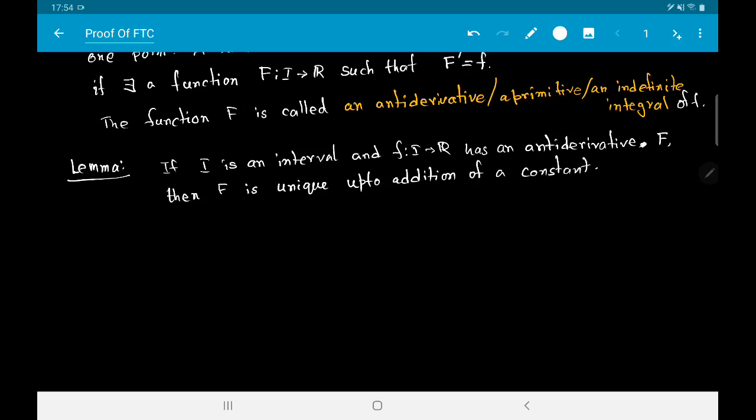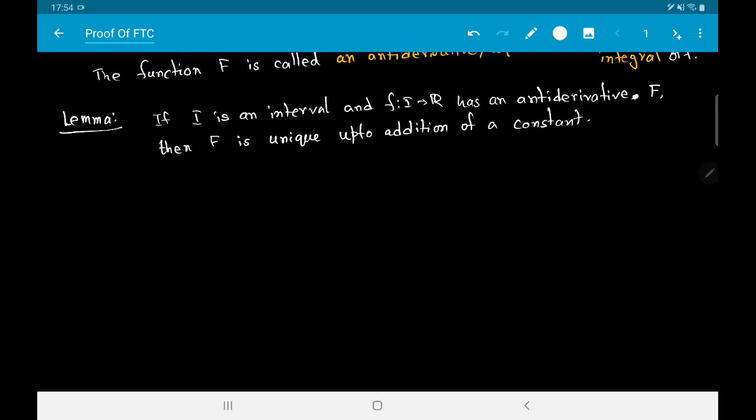This also you have seen hundreds of times in your high school, so let me just formally prove it for you. So suppose F and G are two antiderivatives of f, so that is F prime is equal to G prime is equal to f. So what does this say?